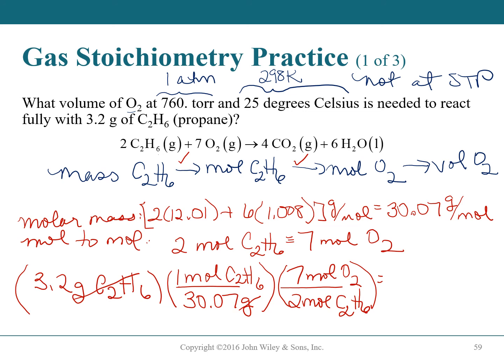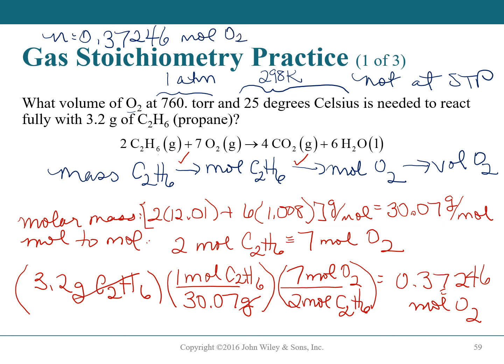And we get something like 0.37246 moles of O2. And we know we want 2 significant figures. So I'm going to write above N is equal to 0.37246 moles of O2, my 2 significant figures there.